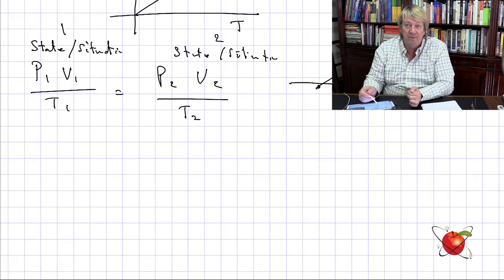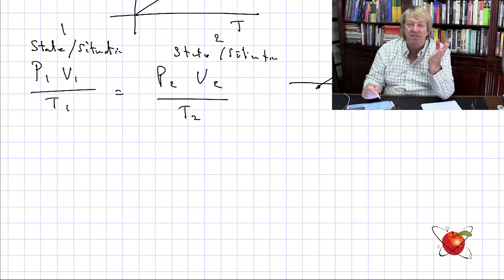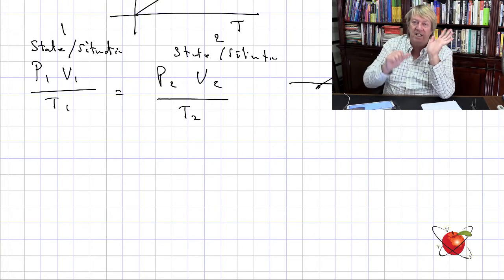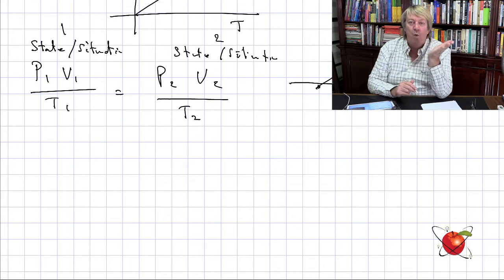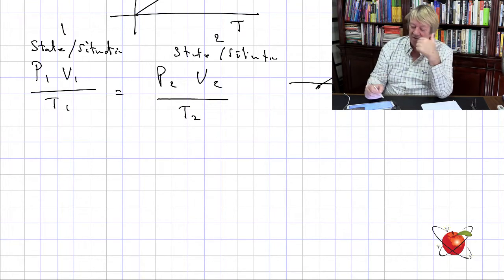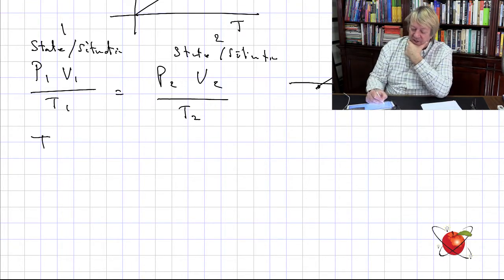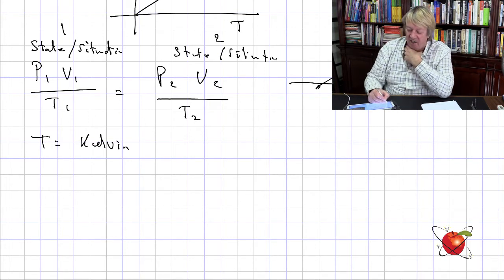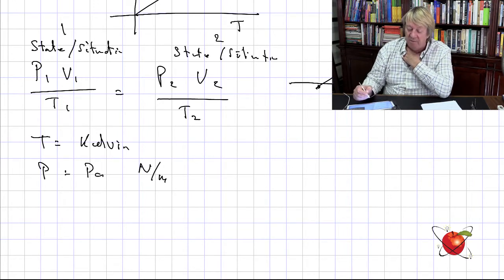So we've got 1, 2, 3, 4, 5, 6. If they give us 5, we can work out number 6 by just putting them into the equation. What are the rules that we follow? First, temperature is always in Kelvin. Secondly, pressure is always in Pascal, which is newtons per square meter.